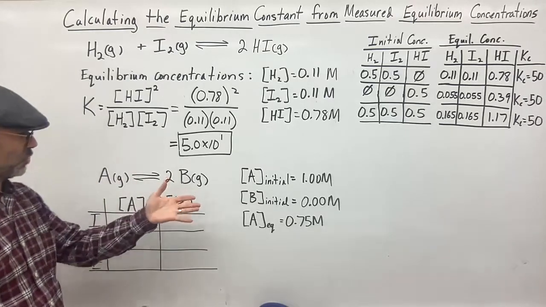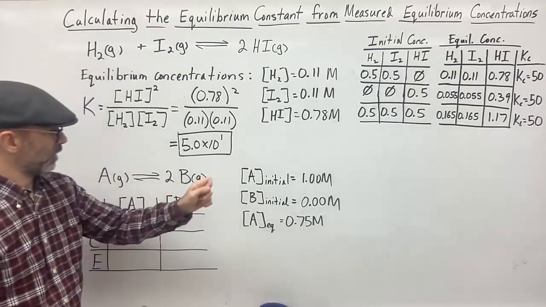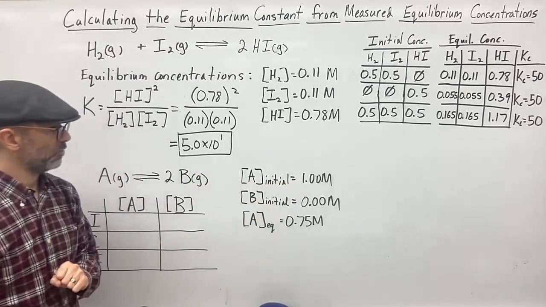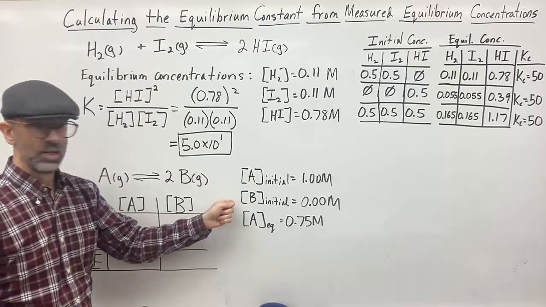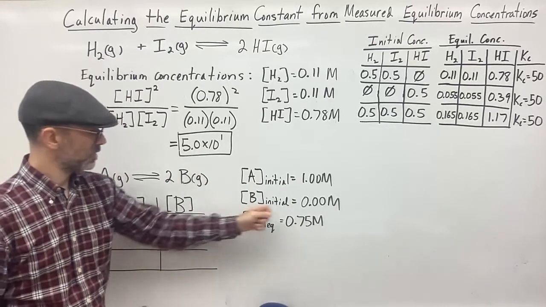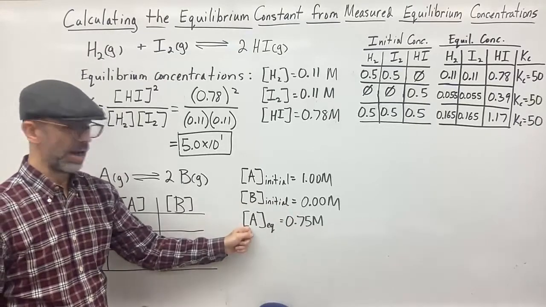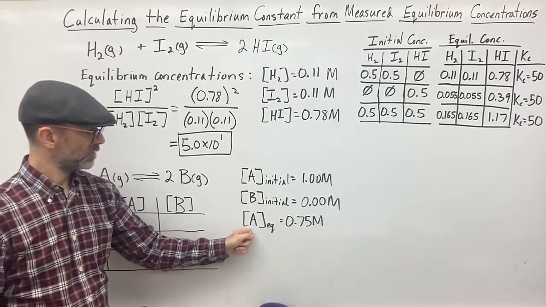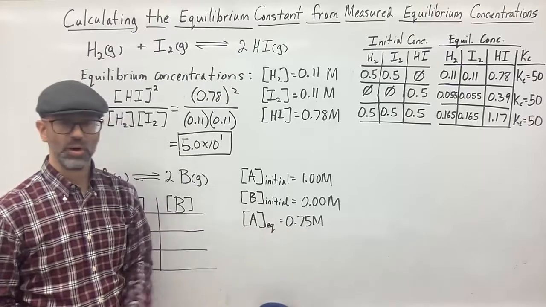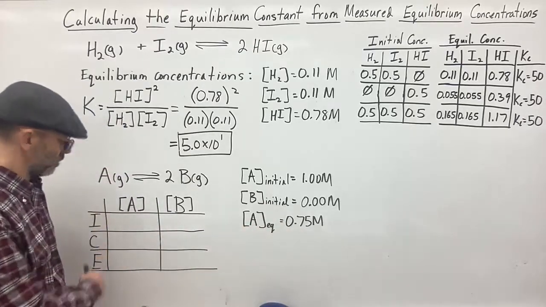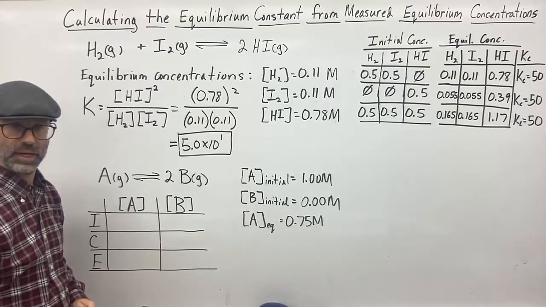So let's assume that I'm given the initial concentration of A as 1.00 molar, and the initial concentration of B is 0.00 molar. But I know at equilibrium, my concentration of A is 0.75. So let's fill in the table. We're going to use our ICE table and fill in the information.